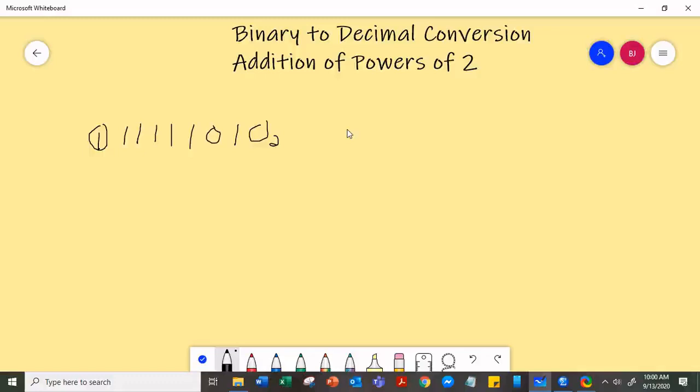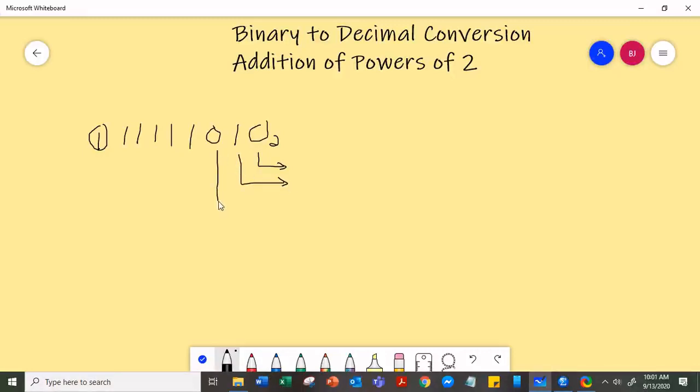This method originally came from the place value method, which is technically the true method of conversion of any number system into decimal. So we'll show that first, and then this addition of powers of 2 is actually the shortcut method for that.